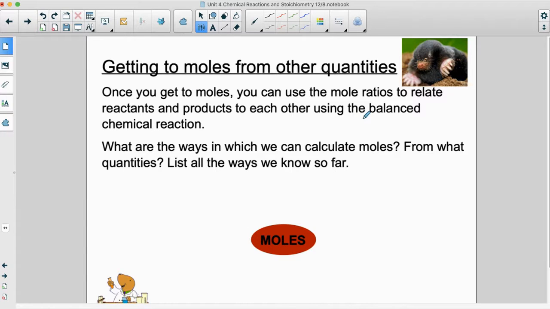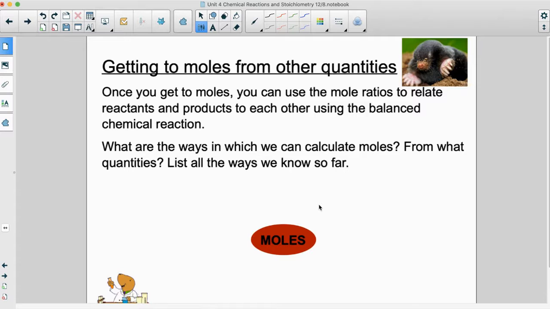So once we can actually use BCA tables and use the mole ratios to find reactants and products, we need to add in the other ways to get to moles, because we can't measure moles in the lab, right? There's no moles balance or mole scale.